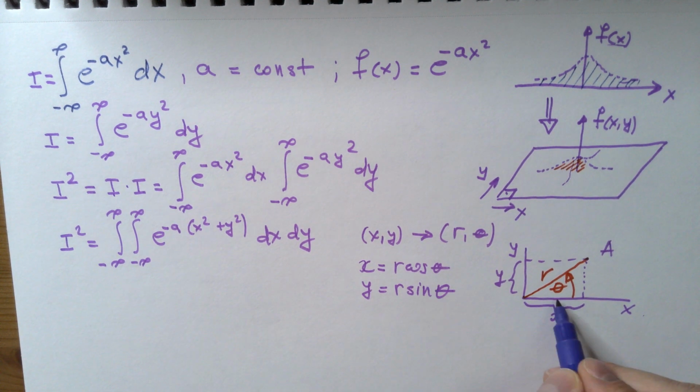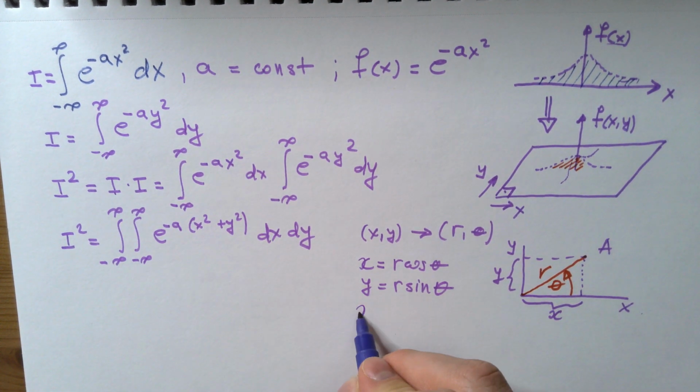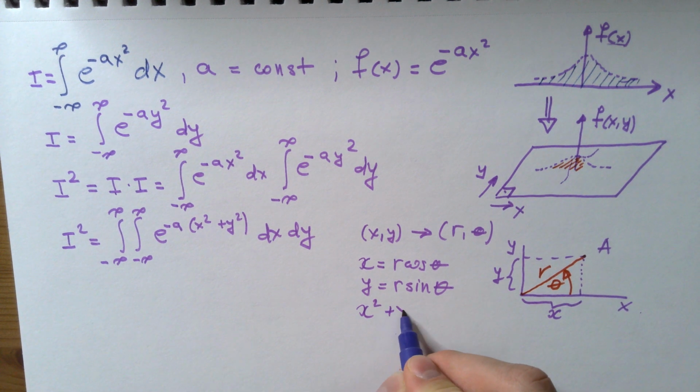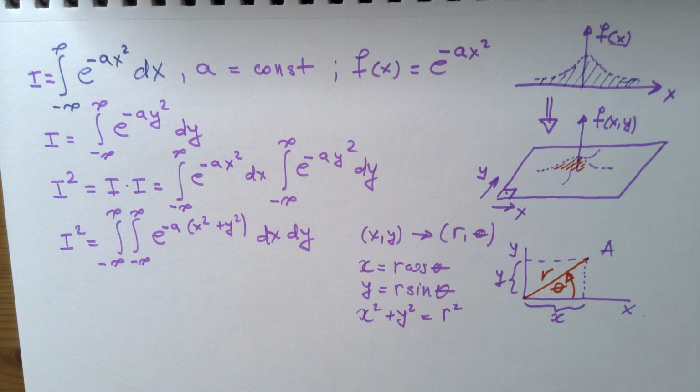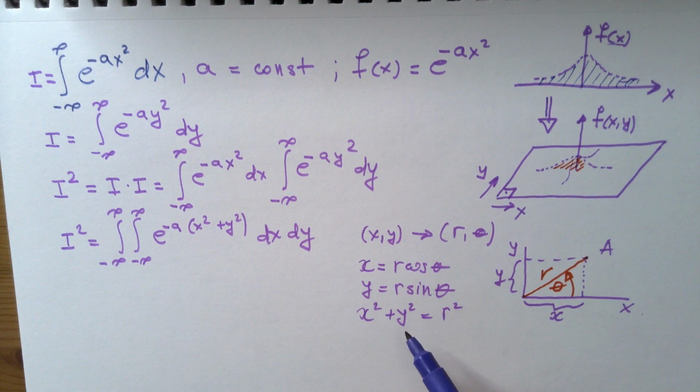And from this or this, whichever one you want, you can see that x squared plus y squared is therefore r squared. If this is not clear, watch my videos on trigonometry and or my video on polar coordinate system.